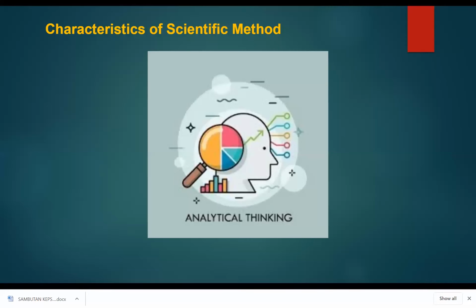The second one is you have to think analytically, analytical thinking. What does it mean, analytical thinking? Analytical thinking is you are analyzing it. For example, if you see the rusting, not only thinking, oh, what is that? What caused the rusting? Is it air? Is it water? Is it any other thing that makes the object rust?